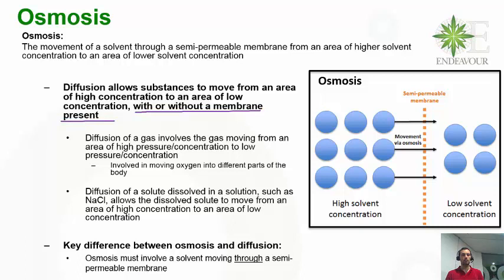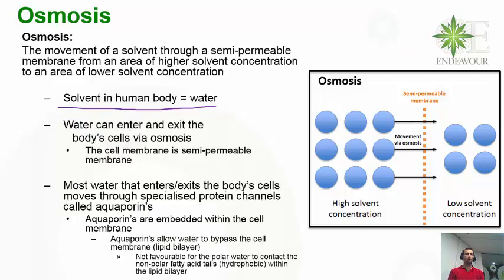As I said, the key difference between osmosis and diffusion is that in osmosis, it's the solvent that's moving rather than the solute, and the movement of that solvent is through a semi-permeable membrane. The main solvent of the human body is actually water.